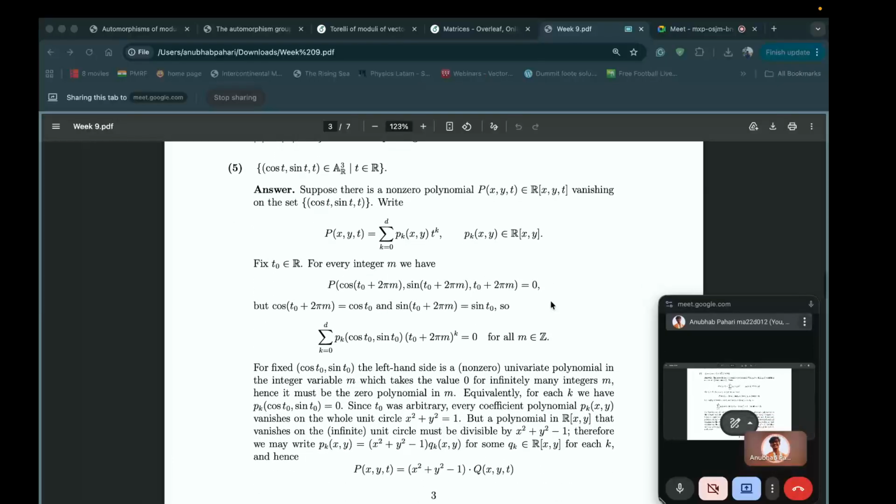Now next let us focus on this set: the tuples from A^3(R) depending on a single variable t from R, such that (cos t, sin t, t) belongs to A^3(R).